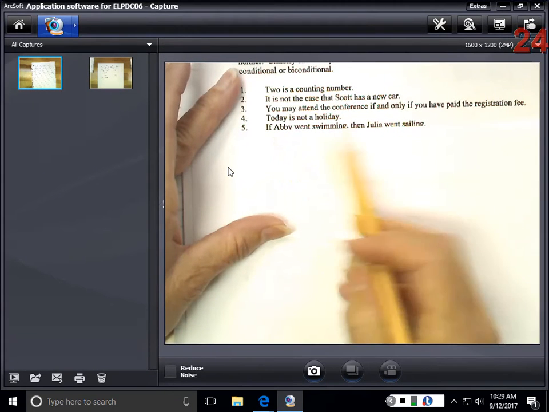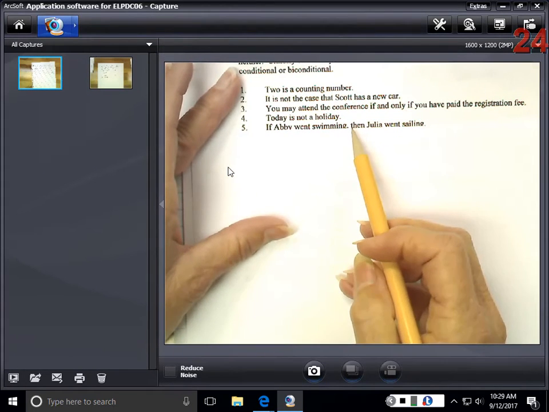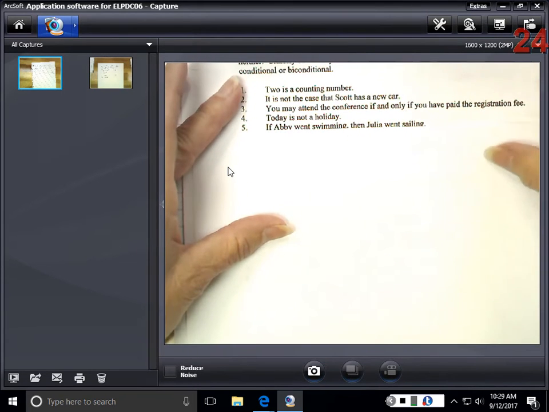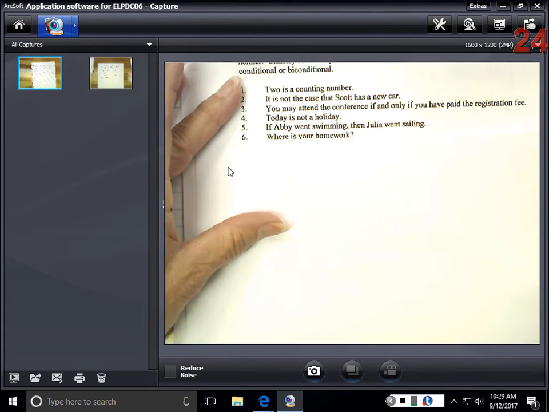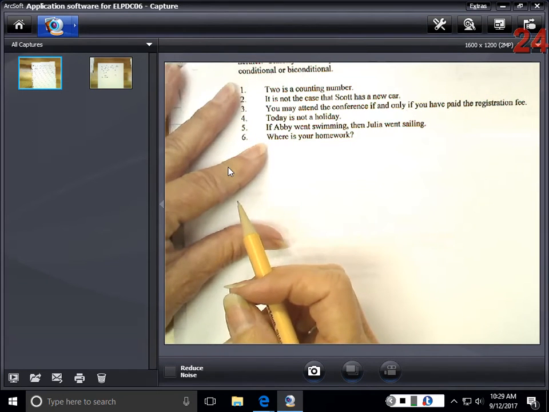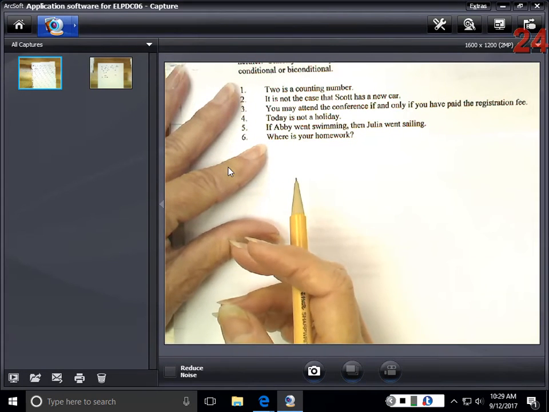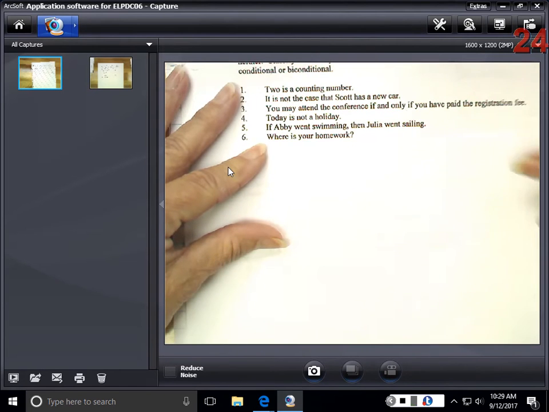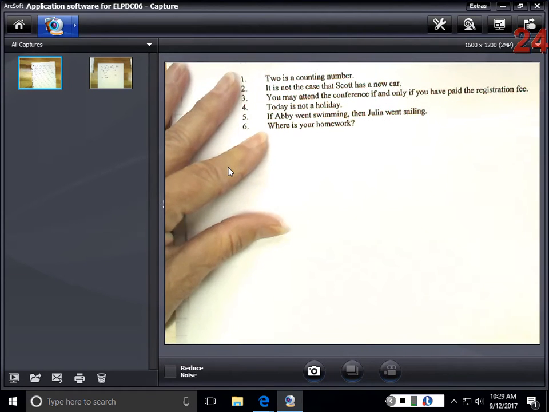It's got an if-then, so it's compound, conditional. Where is your homework? It's neither, because it's not a statement. Right, it's a question.